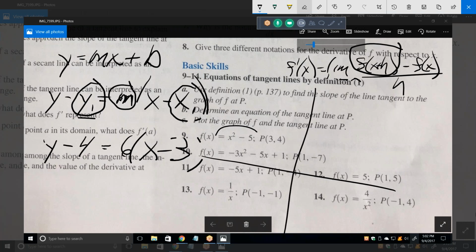Just a normal parabola starting at -5 on the y-axis. That's where the vertex is going to be at -5. And it's just a normal looking parabola that opens up like that.